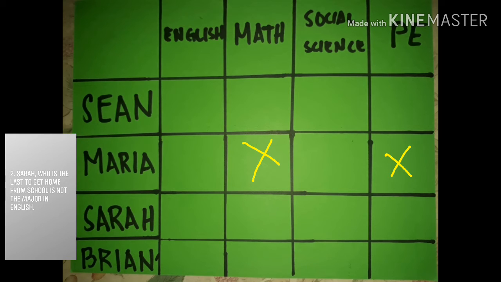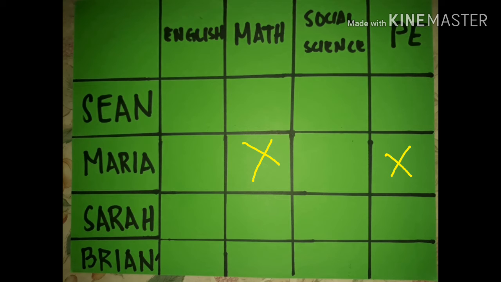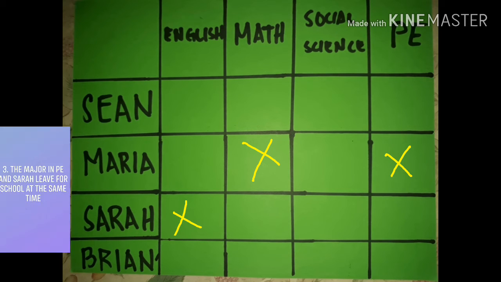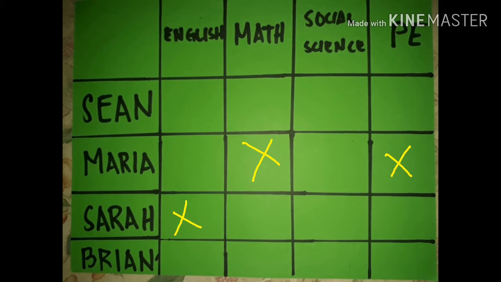Then, our second clue is that Sarah, who is the last to get home from school, is not the major in English. Therefore, we can conclude that Sarah is not the major in English. Our third clue is that the major in PE and Sarah leave for school at the same time. Therefore, we can conclude that Sarah is not the major in PE.